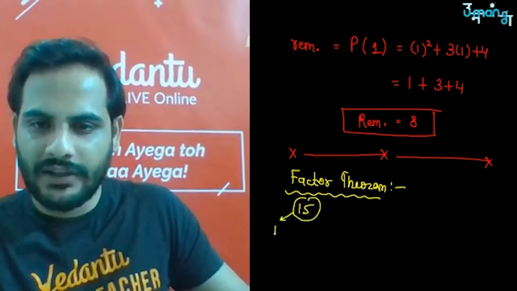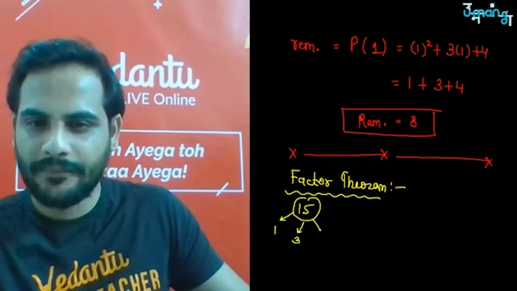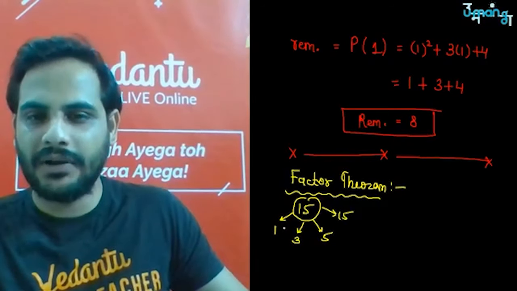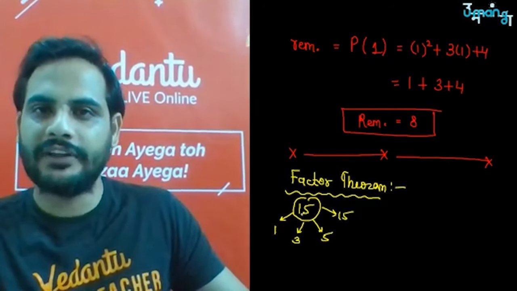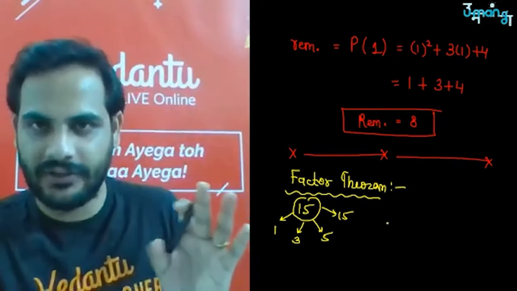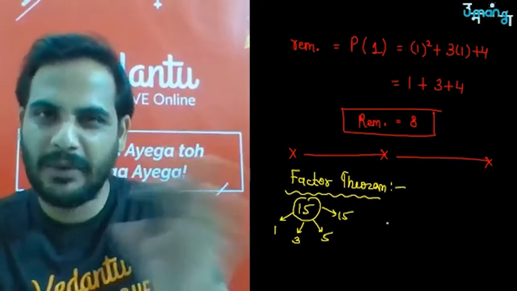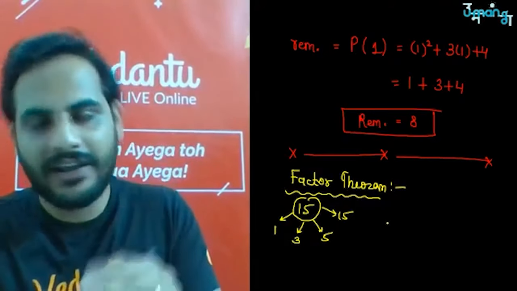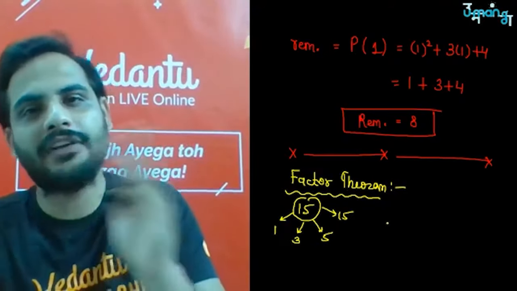So you will say, sir, 1, 3, 5 and 15. These are the numbers which exactly divide 15. 15 divided by 1, remainder is 0. 15 divided by 3, remainder is 0. 15 divided by 5, remainder is 0. 15 divided by 15, remainder is 0.